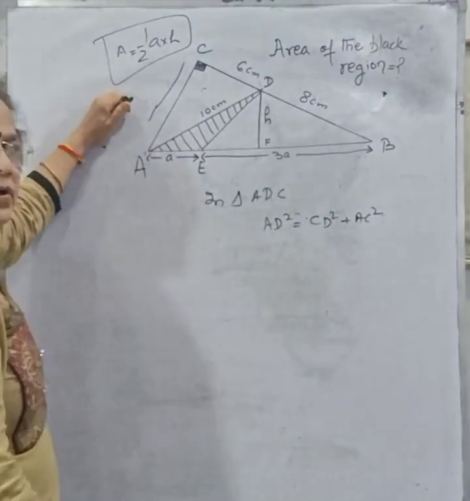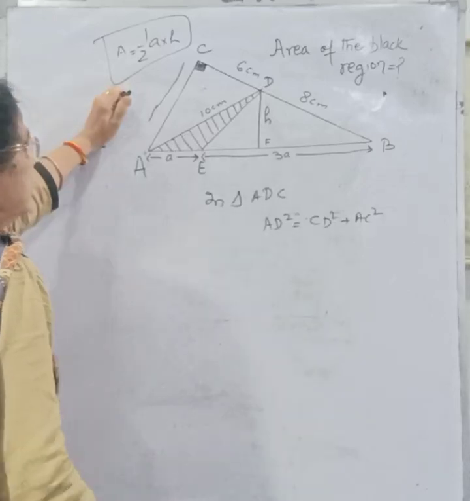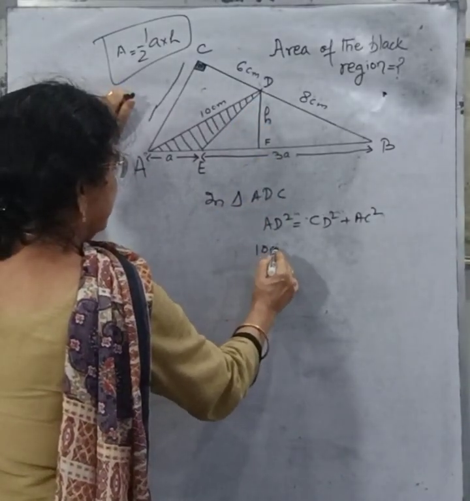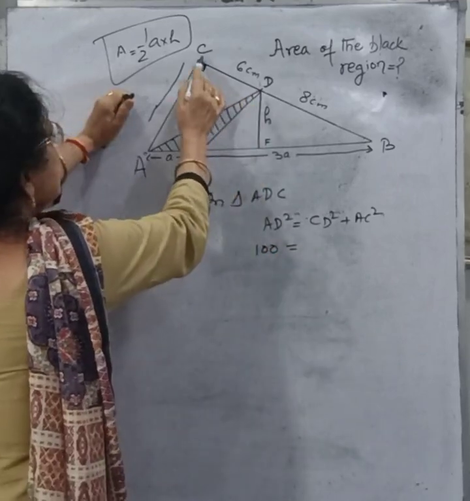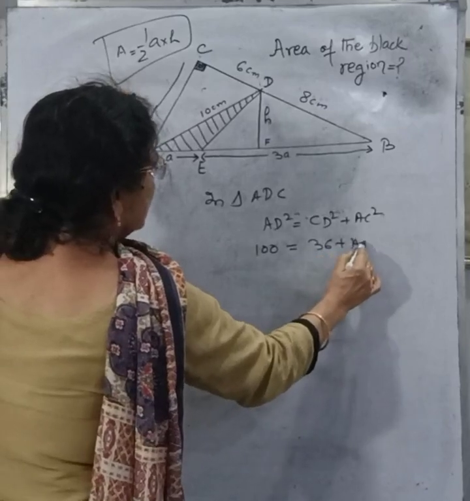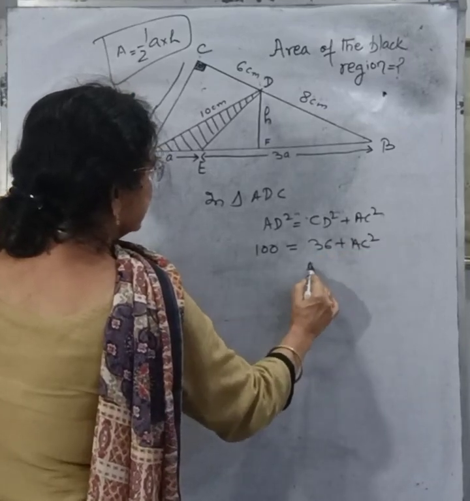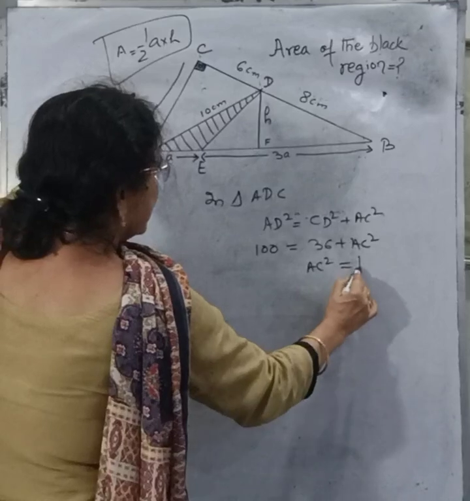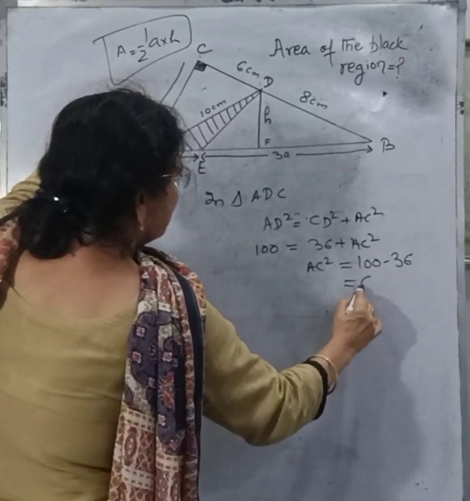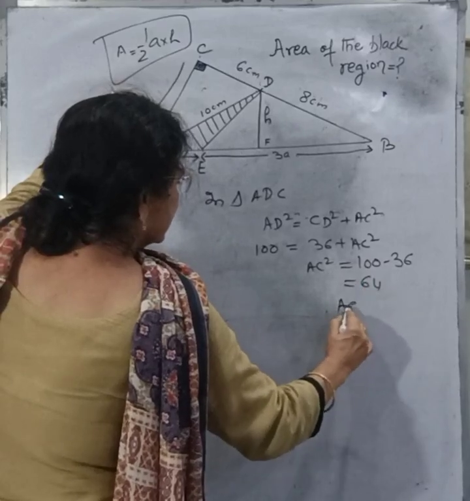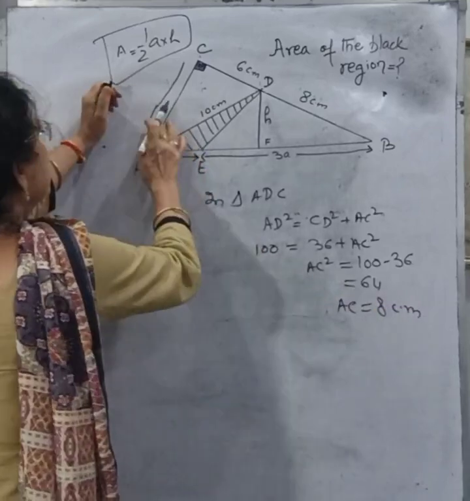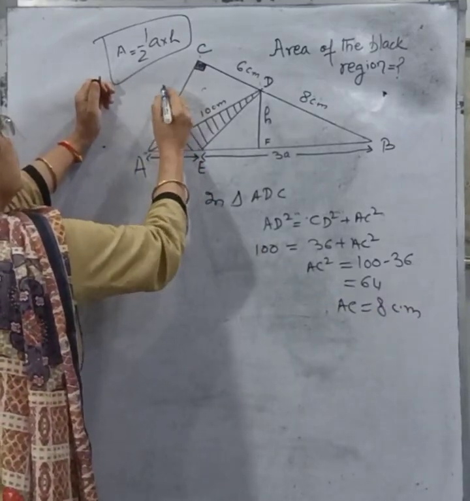This AD is 10, and CD is 6, so 6 square is 36, plus AC square to be obtained. Hence AC square will be equal to 100 minus 36, that is 64, or we can say that AC will be equal to 8 centimeter.